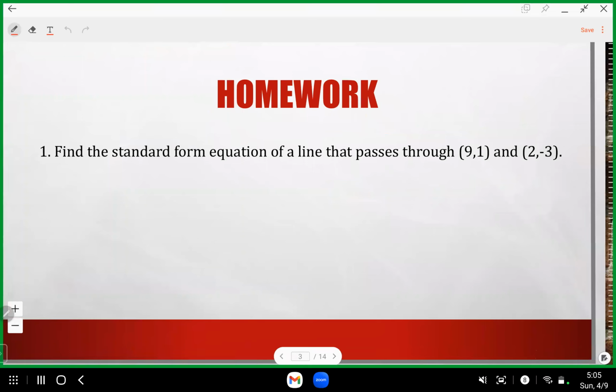So I'll give you a few moments to put your answers for the homework in the chat, and then I'll go over it. This shouldn't be too hard.